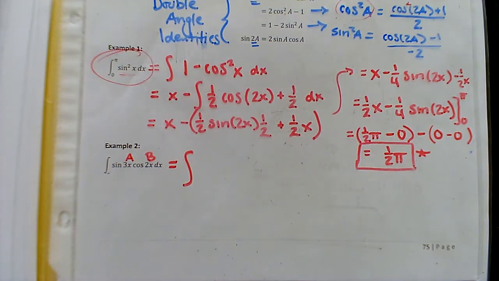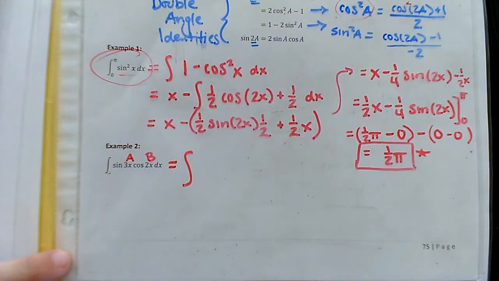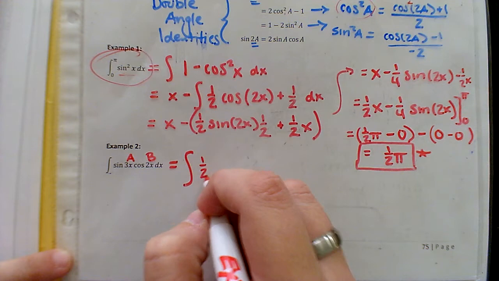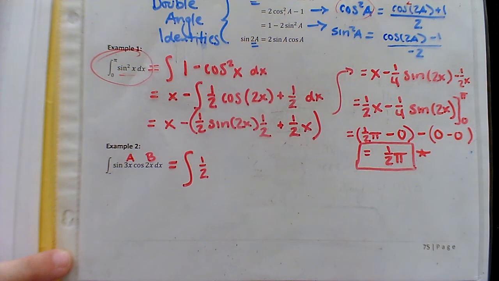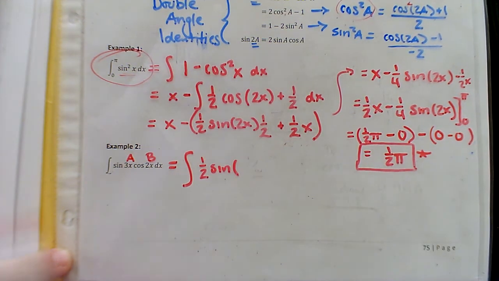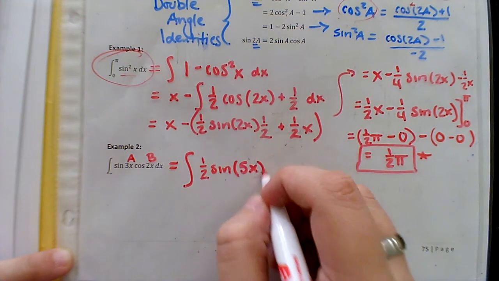So if we were to rewrite this integral using the trig identity, we are dividing the 2 over, which is the same as multiplying by 1/2. So we would need 1/2 of sine, and then inside the sine function we need a plus b. But we identified a as 3x and b as 2x, so if you add 3x and 2x, you get 5x.